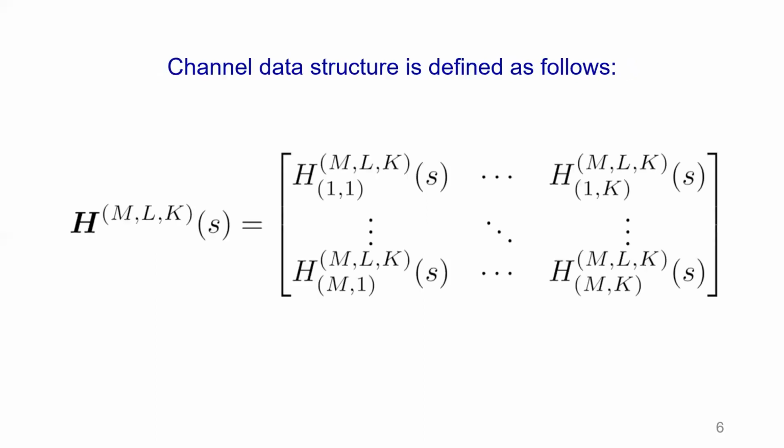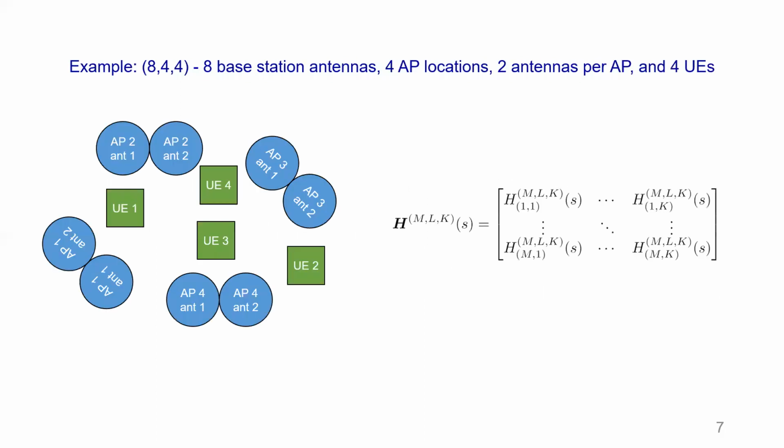We define a sample of the large M times large K channel matrix between the base station and the user equipment as follows. Parenthesis M, L, K represents the specific system topology, while small s is the index of a sample.